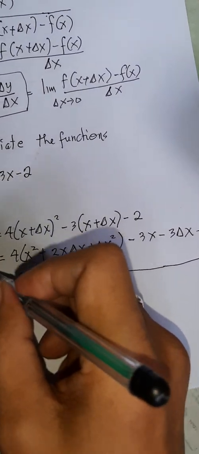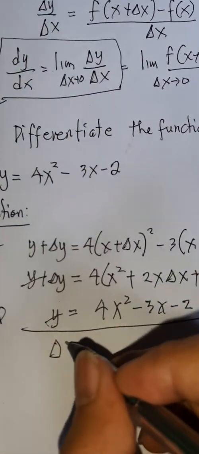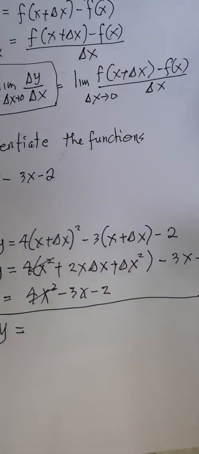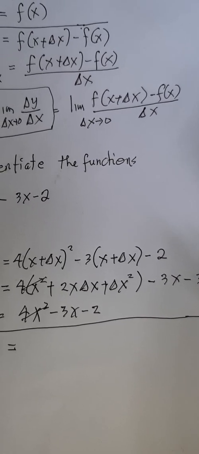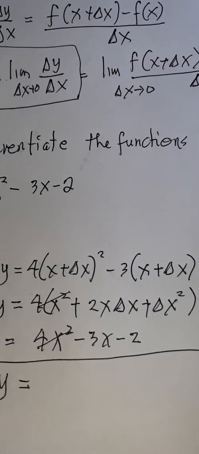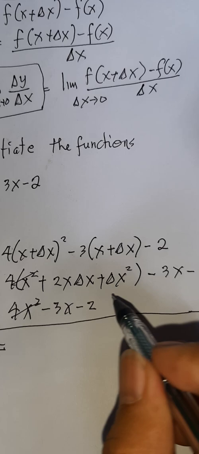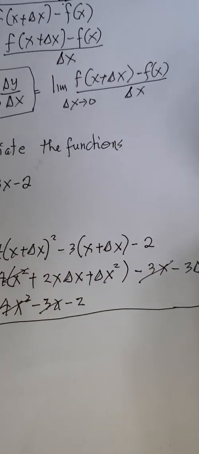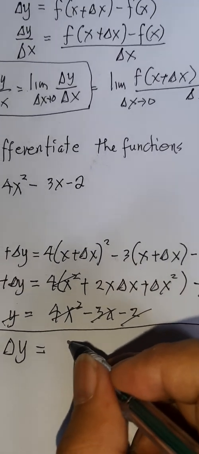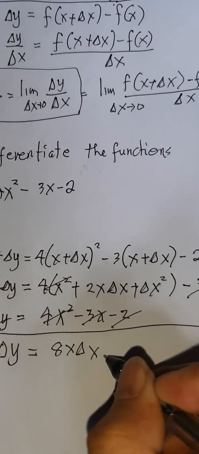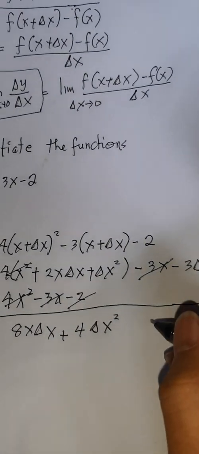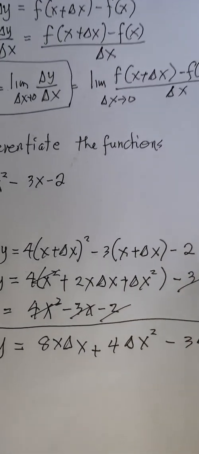Okay, kaya mag-subtract ito, matitira dito sa kabilang side is delta y, then magka-cancel yung 4x squared dito, then yung 3x at yung negative 2, ang matitira 4 times 2x delta x is 8x delta x plus 4 delta x squared minus 3 delta x.